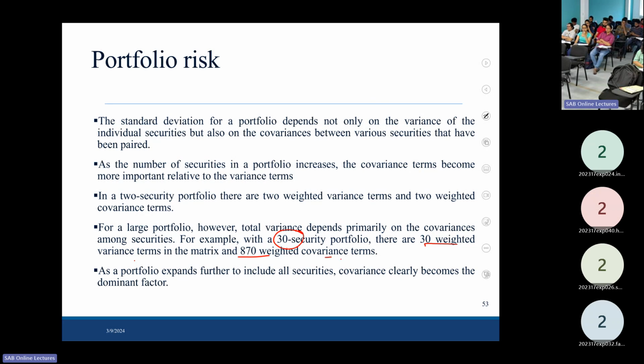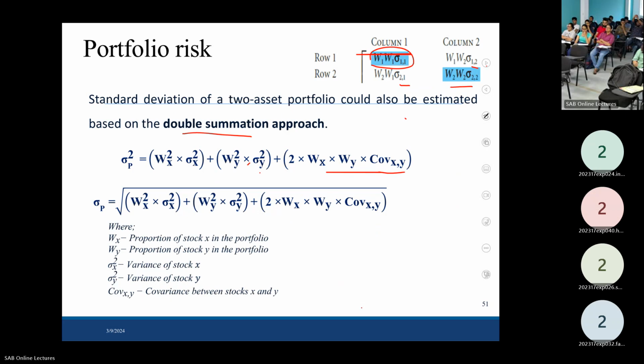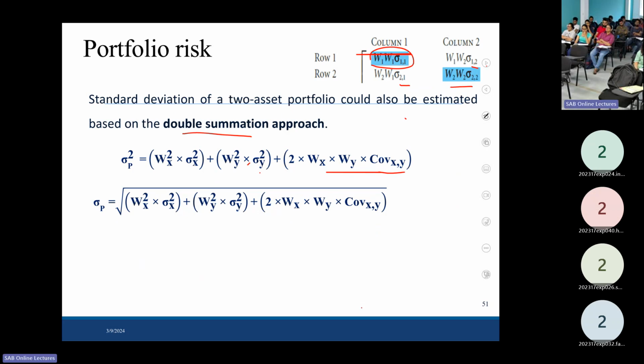Risk depends on covariance. We are not going to consider larger portfolios, but anyway we consider only the two-stock portfolio. If it is a two-stock portfolio, this is the combination: weight of stock 1 squared times the variance of stock 1, plus weight of stock 2 squared times the variance of stock 2, and twice weight 1, weight 2, covariance between X and Y, 1 and 2.